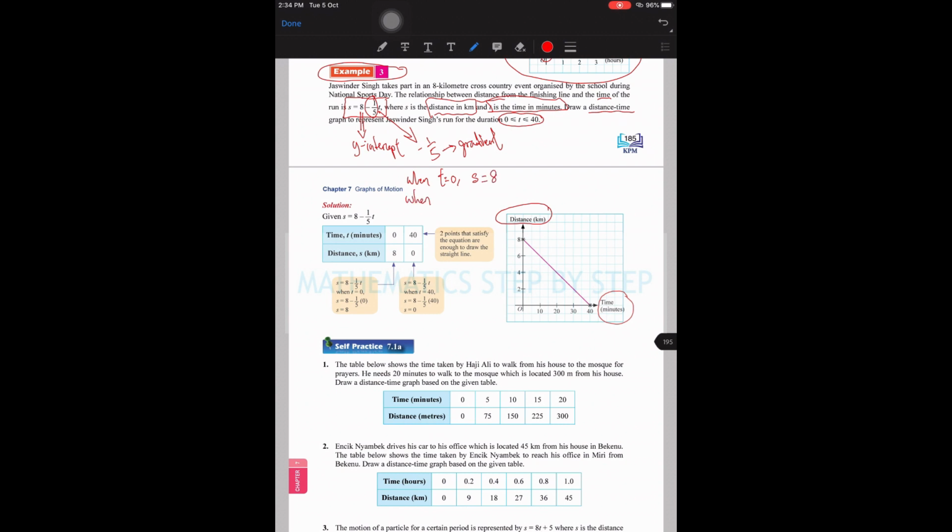Another value for t, so when t equals 40, s equals 8 minus 1/5 times 40, which is equal to 0, okay? So from here we get two coordinates (0, 8) and (40, 0), okay? So (0, 8) here, (40, 0) here, and we can connect these 2 points so we are able to draw the graph, okay?